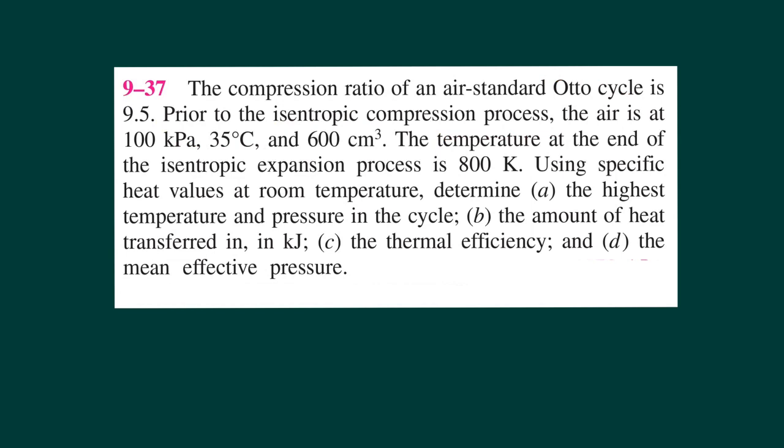The temperature at the end of the isentropic expansion process is said to be 800 Kelvin, and using specific heat values at room temperature, we need to determine the highest temperature and pressure in the cycle, the amount of heat transfer in kilojoule and the thermal efficiency, and finally the mean effective pressure.